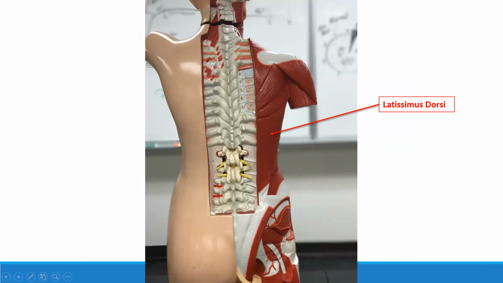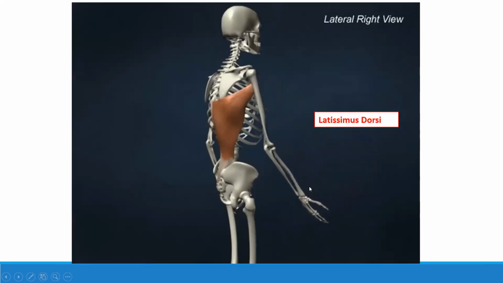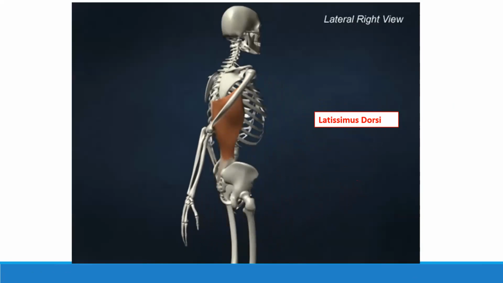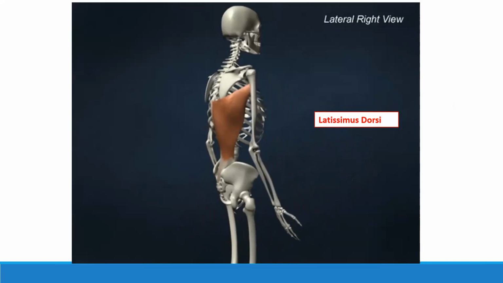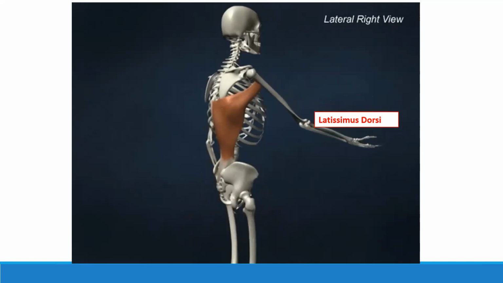And the latissimus dorsi is from this groove all the way down to here. This is the kind of action that we see, whether you're bowling or throwing a softball, any kind of action, underhand or overhand, because the power is being directed to the humerus from the latissimus dorsi. So you can get a lot of force behind that action.